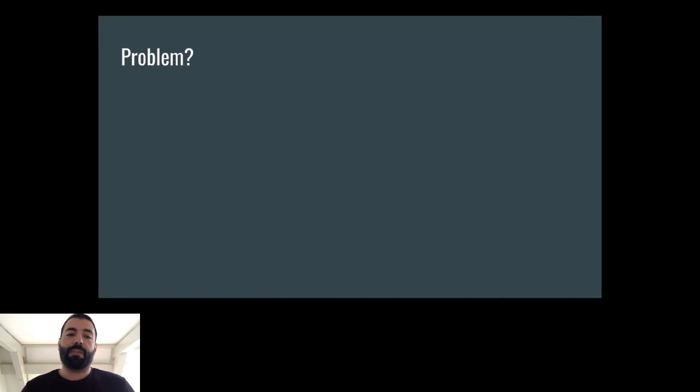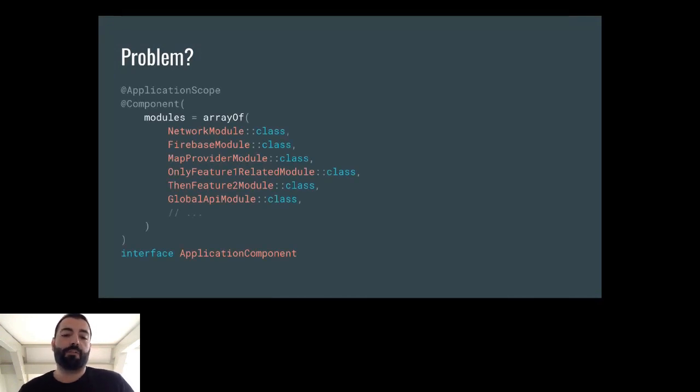If you are familiar with Dagger, in vanilla Dagger, you have to define your component like this. If you have an application component, that means it will declare a bunch of modules that it needs to provide the instances for. And it will define the scope for it, application scope. This is the component, and these are the modules that it provides for.